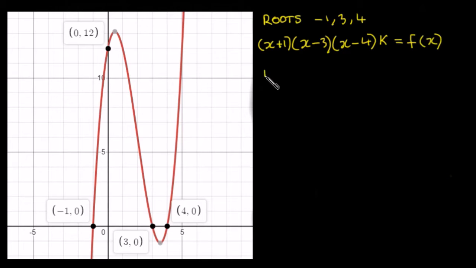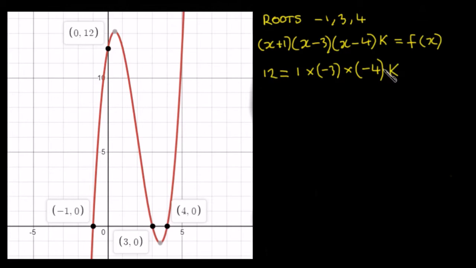So we can say that 12 equals, well, x is 0, so it's 0 plus 1, which is just 1, times 0 minus 3, so that's -3, times 0 minus 4, and that thing there times our k.